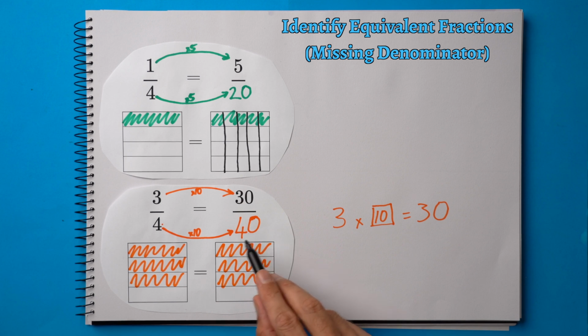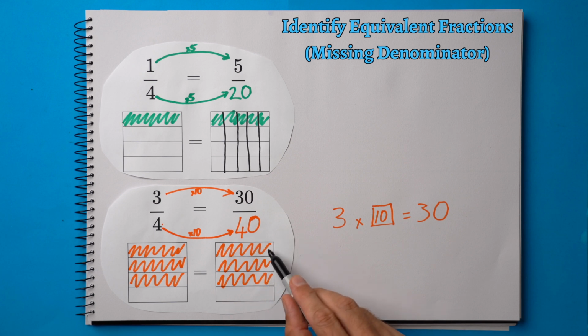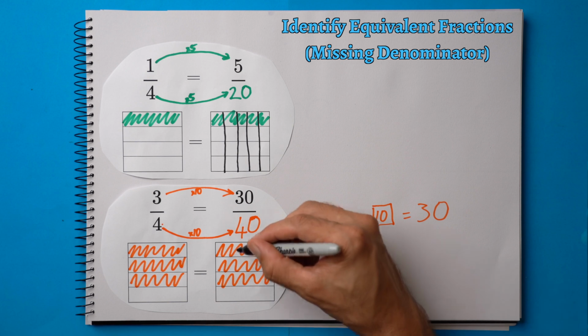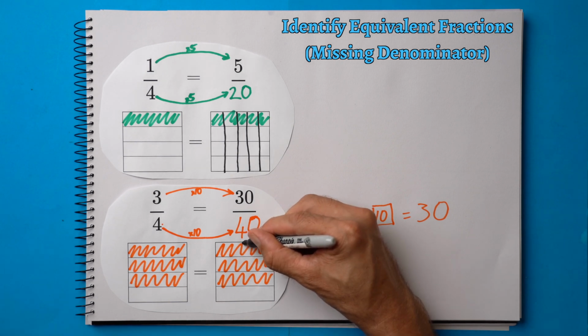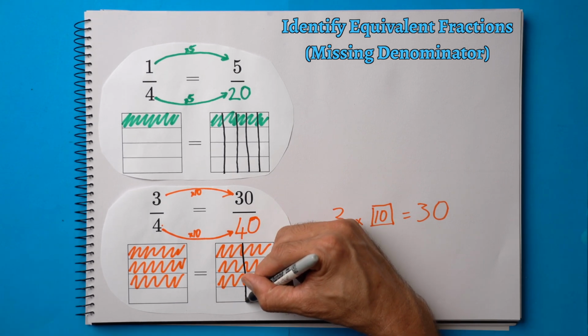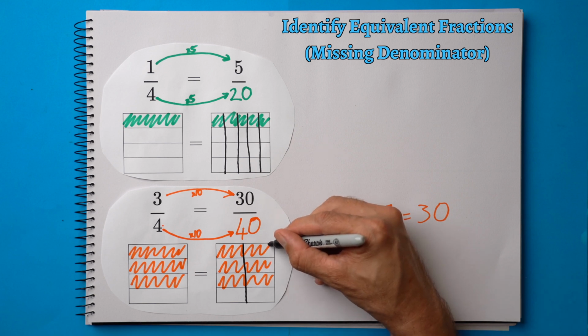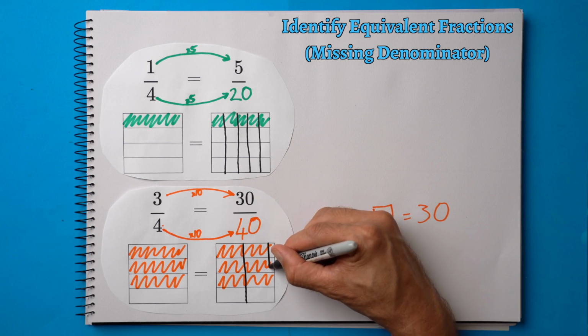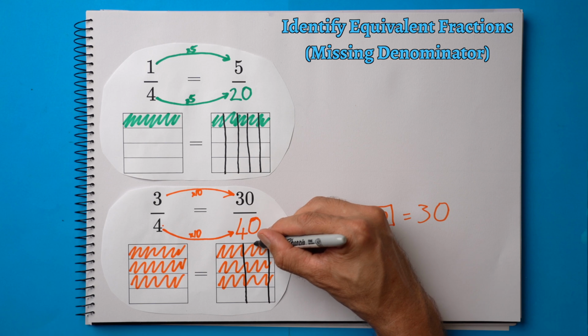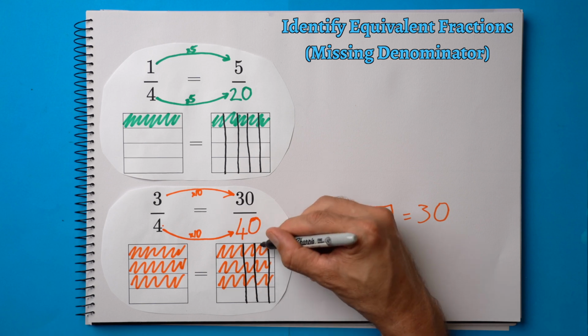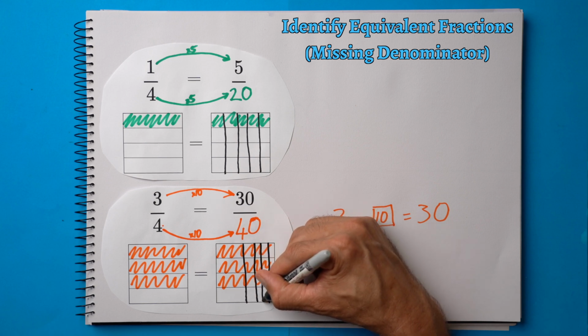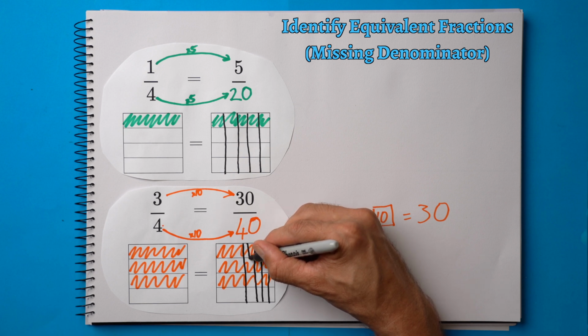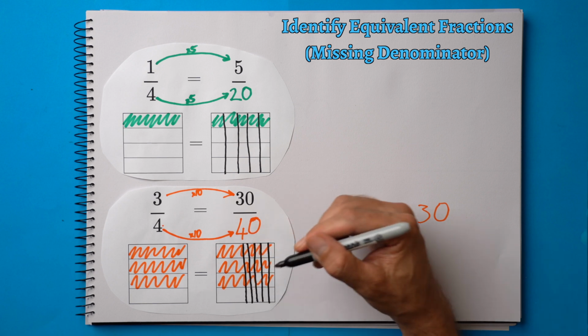So to turn quarters into 40ths, I have to divide each one of these pieces into 10. So let's see if I can do that. First of all, I'm going to divide them into half. And then each of these halves I'm going to divide into 5 more. Actually, doing pretty good. It's not that easy to do this if you try it yourself.